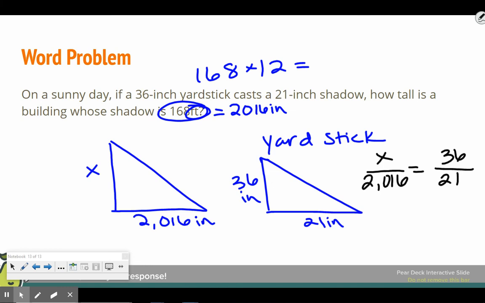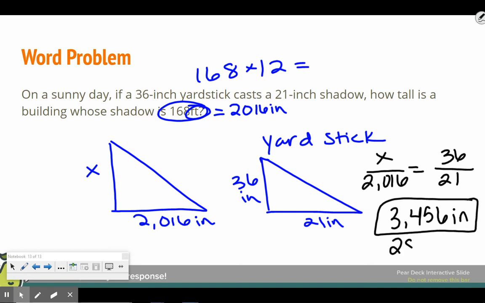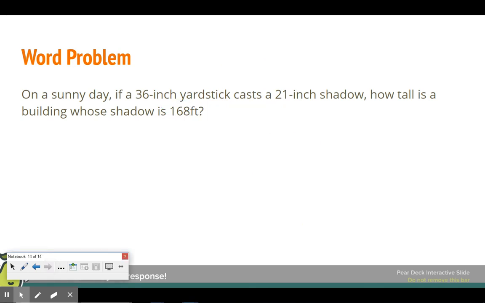Then we do our cross multiplication and divide by 21. We get 3,456 inches tall. Now we can convert that back to feet, which would be 288 feet. I think feet are always easier to visualize. When we're dealing with a building, you don't really say it's 3,456 inches. We would usually say 288 feet.